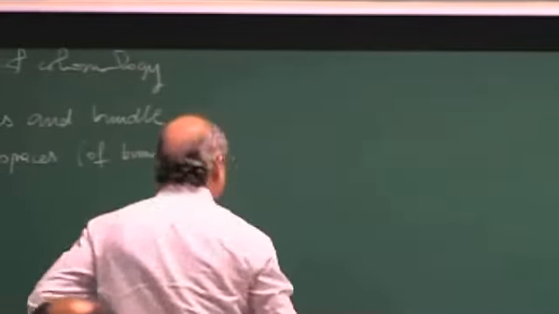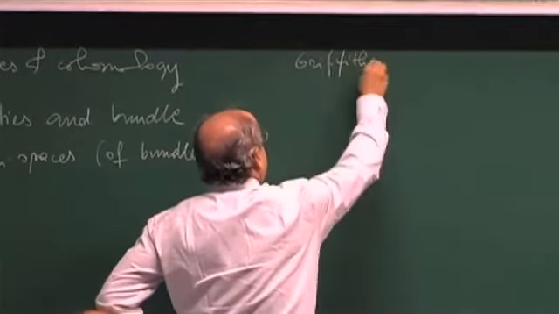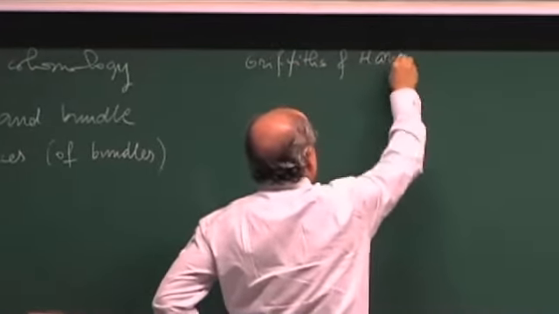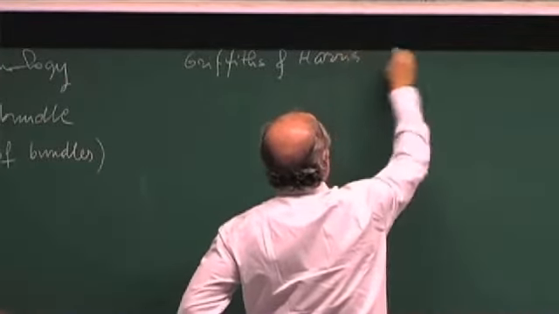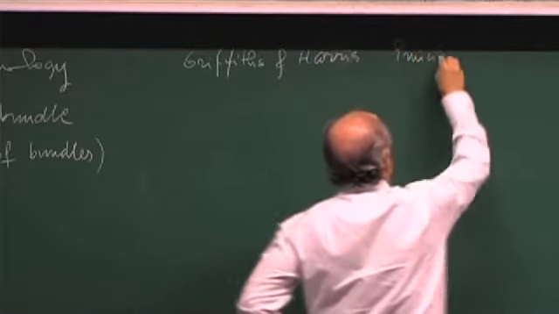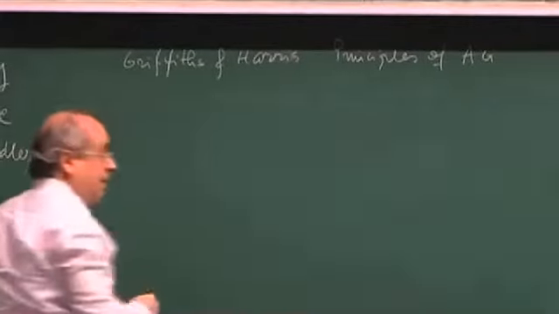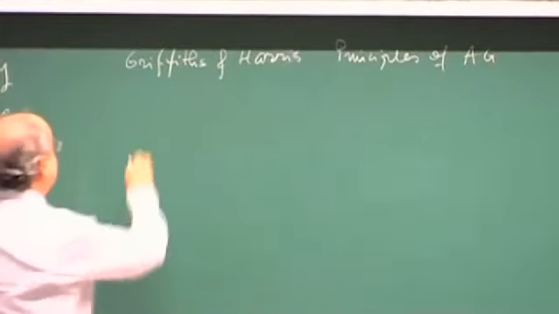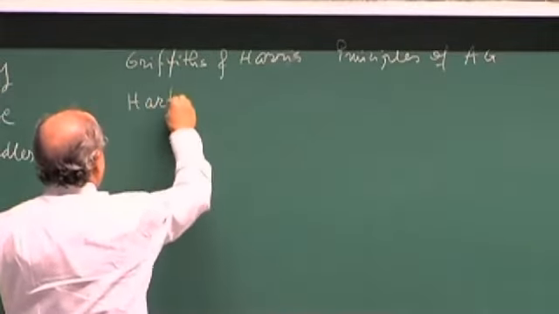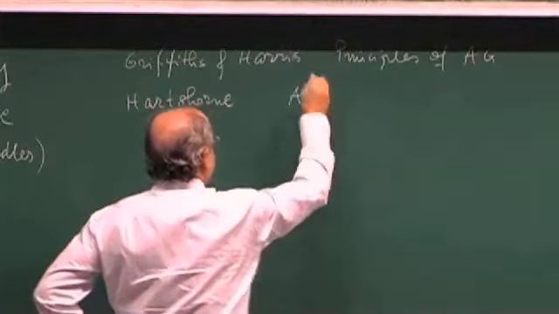From this viewpoint, the book which basically follows this approach is the standard book by Griffiths and Harris, which is called Principles of Algebraic Geometry. While a book which is really deep into the true algebraic setting is Hartshorne. The title is Algebraic Geometry.